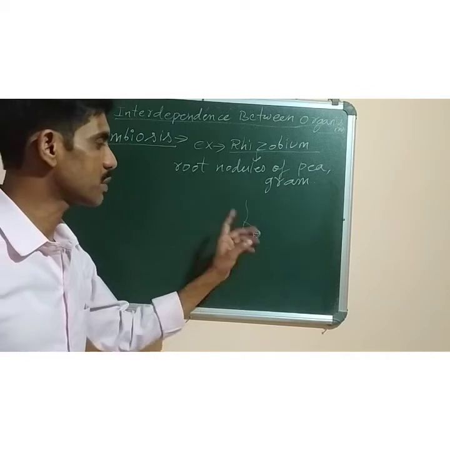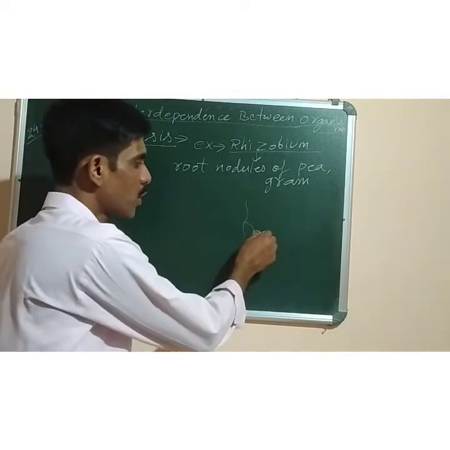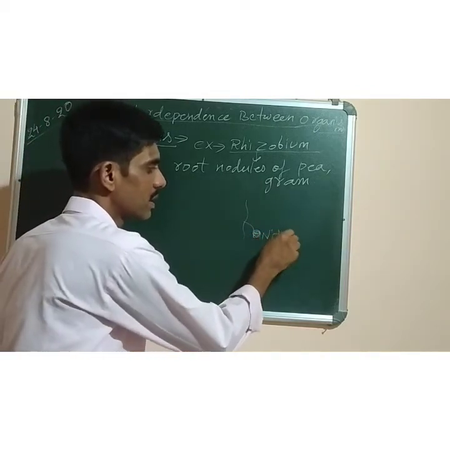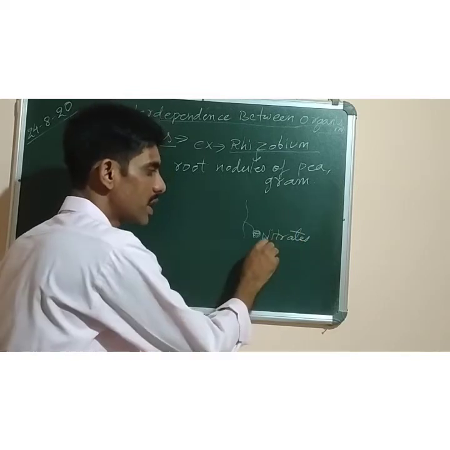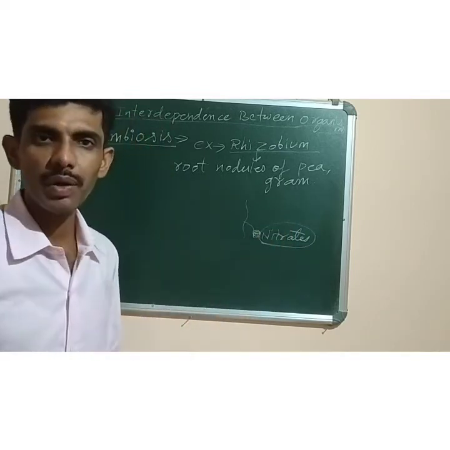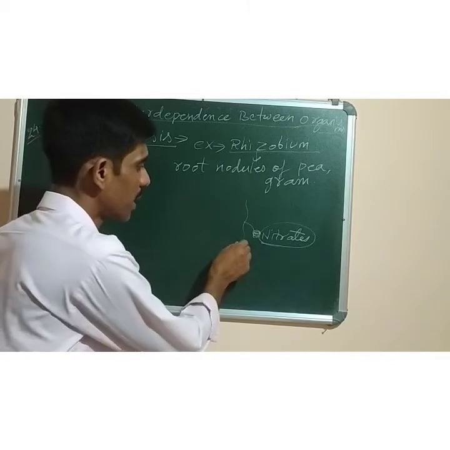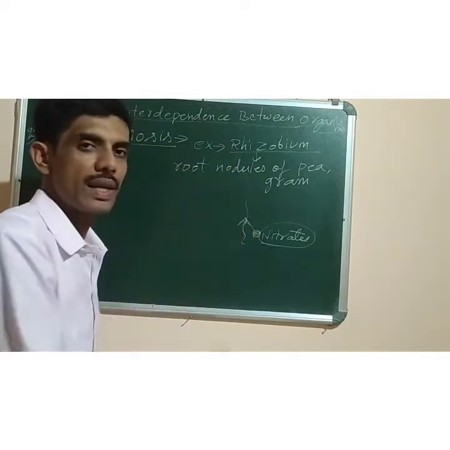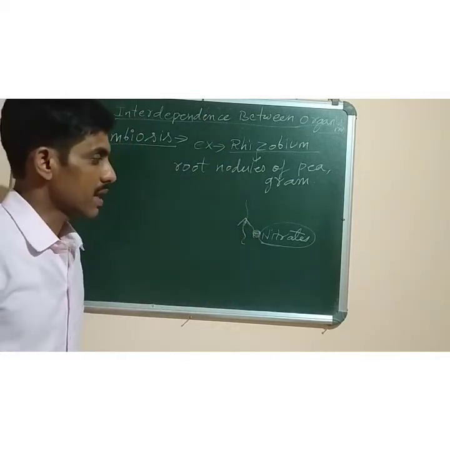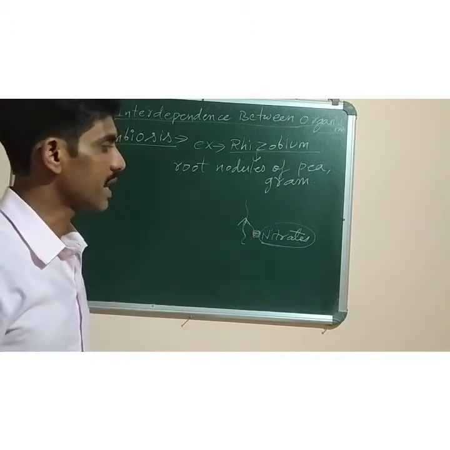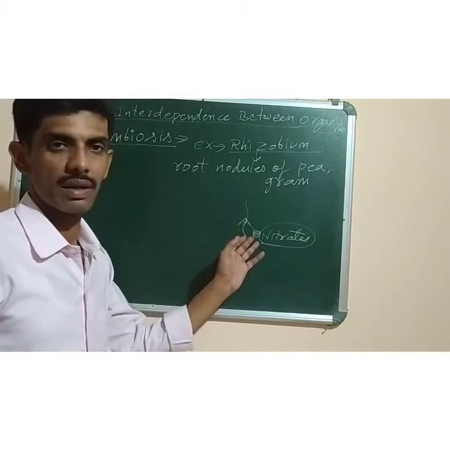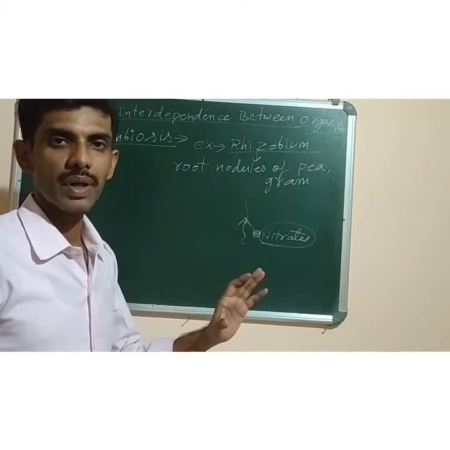So the function of this bacteria is, it will provide nitrates, that is, change the nitrogen into nitrates, which is a soluble form of nitrogen, so that the plants can take this nitrogen and use it for growth. Then what is the benefit this bacteria is getting? It gets shelter in the roots of the plant.